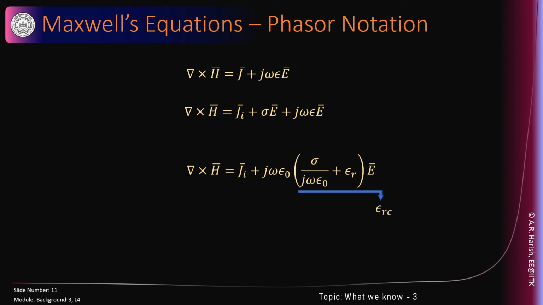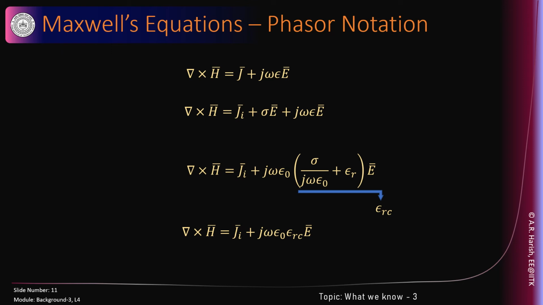Now, this quantity is a complex quantity. Epsilon r minus j sigma upon omega epsilon naught is a complex quantity. Let's label it as epsilon r C, where C represents complex. Now, this equation is very nice: del cross H equal to Ji plus j omega epsilon naught epsilon r C E. Somehow that conduction current got embedded inside the complex epsilon r C value.